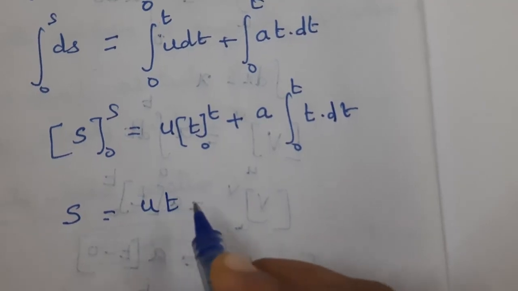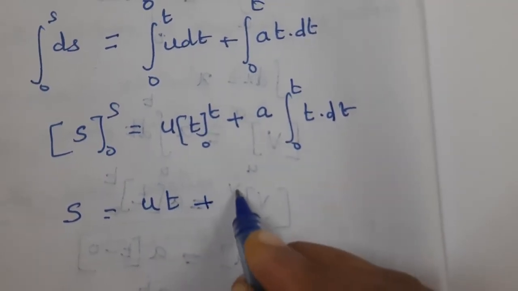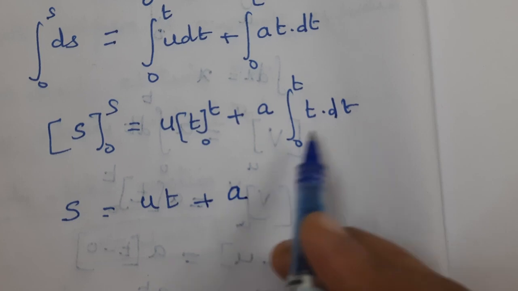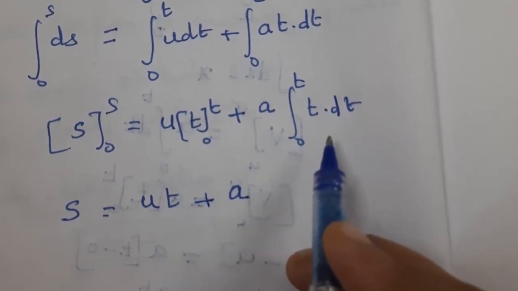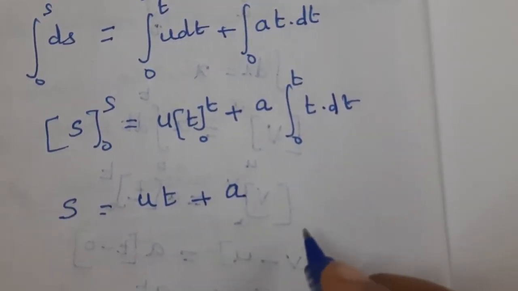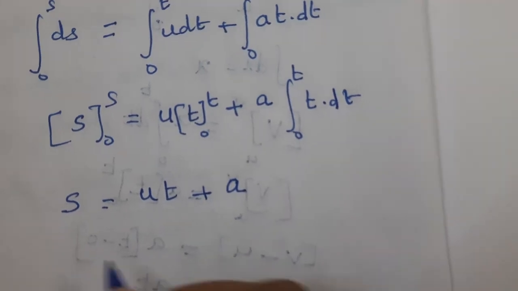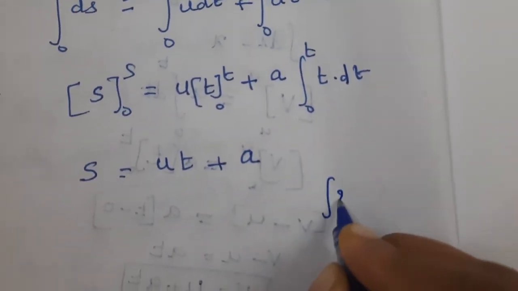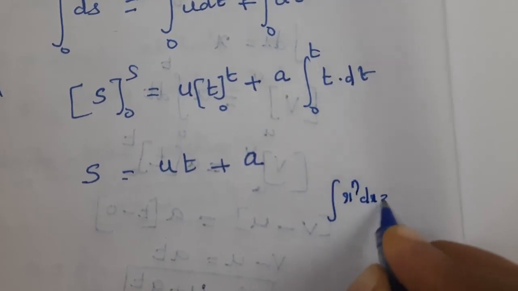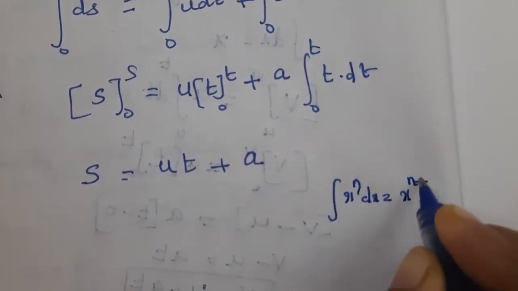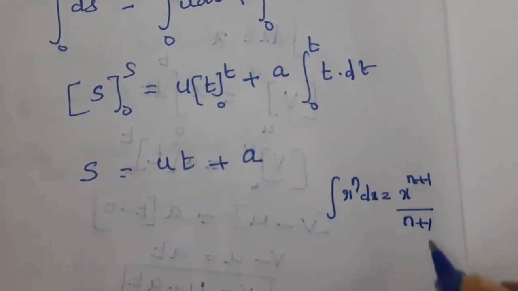So, u into t plus a into, what is the integration of t dt? Already we have learnt, integration of x power n dx is equal to x power n plus 1 by n plus 1.